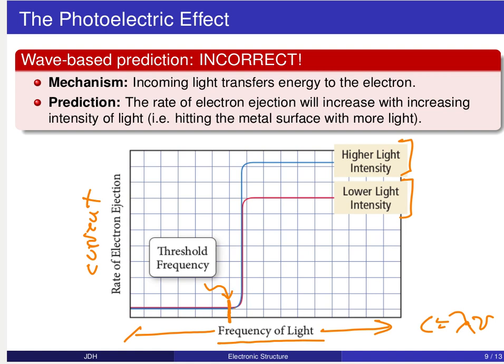After this threshold frequency, it turns out that the light intensity matters. Once you have sufficiently energetic light rays coming in, then if you have a higher number, the blue line here, you end up seeing a larger current, a larger number of electrons being ejected.